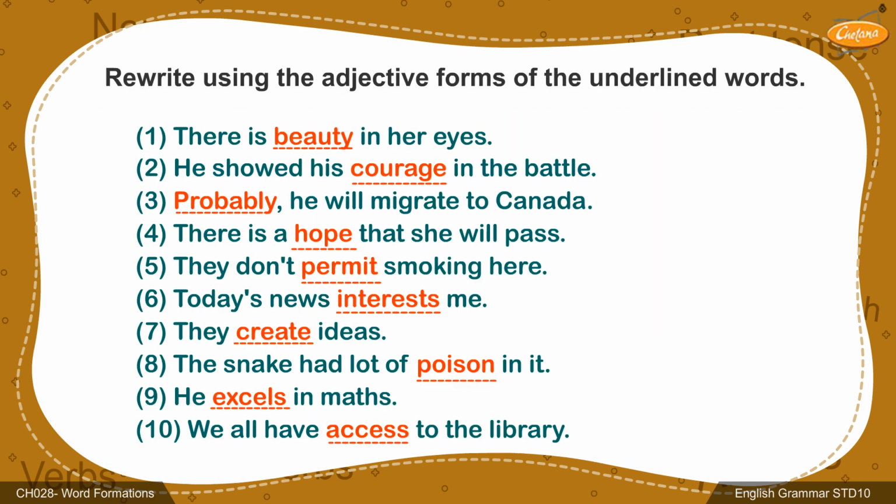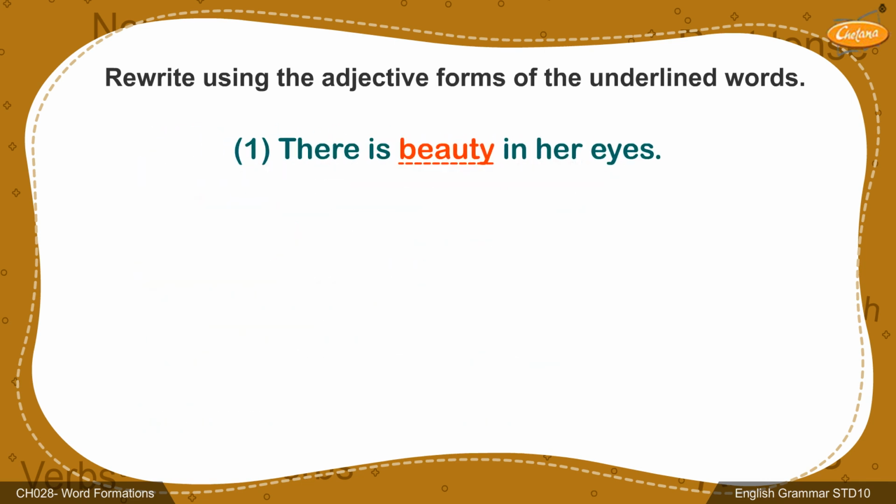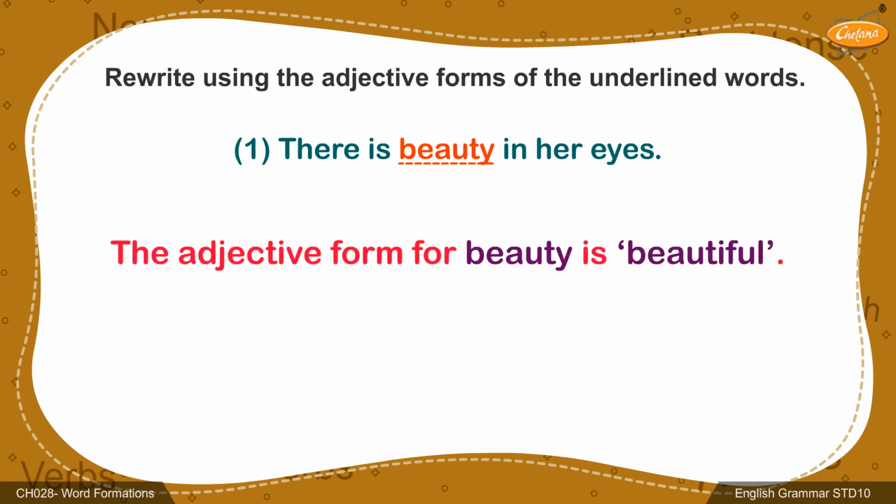Let us now learn how to replace the underlined word with their adjective forms in sentences. In this example, "There is beauty in her eyes." The word beauty is underlined. We know the adjective form for beauty is beautiful.